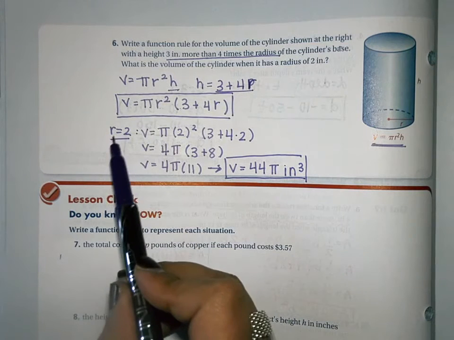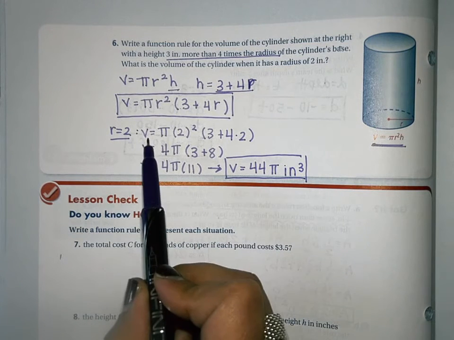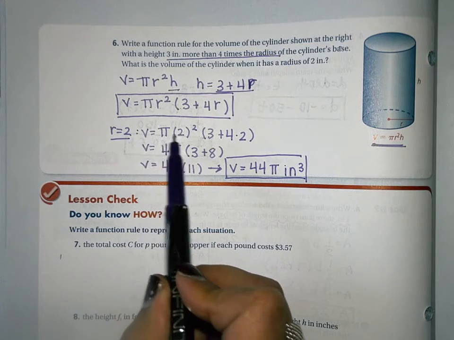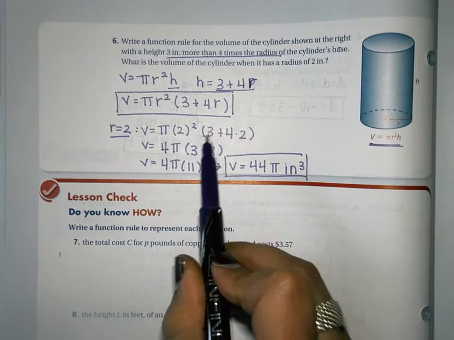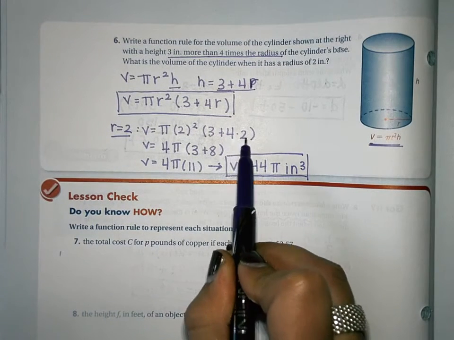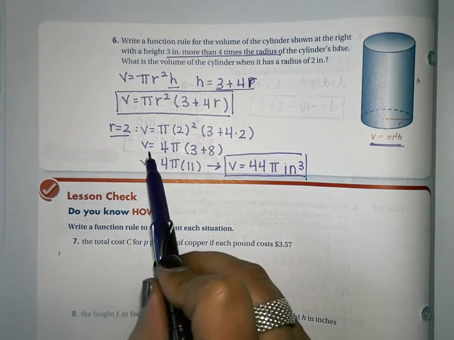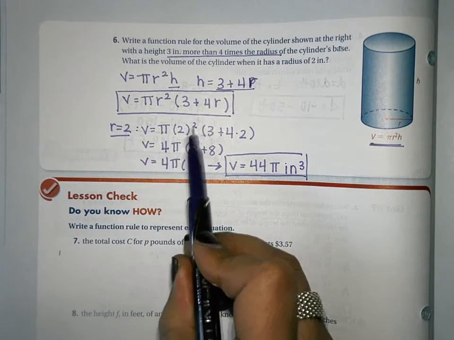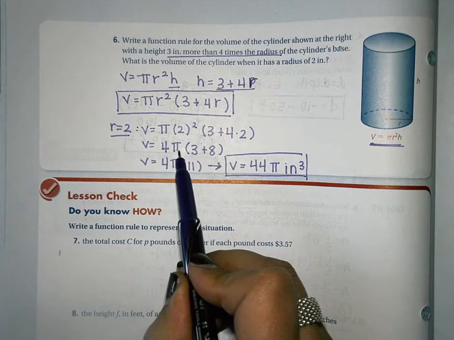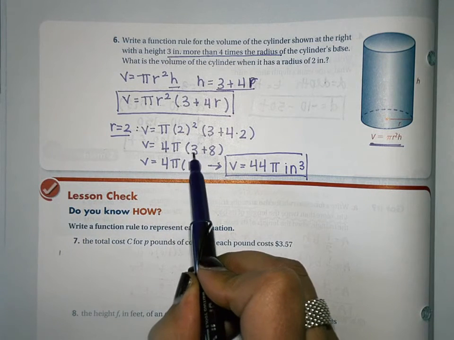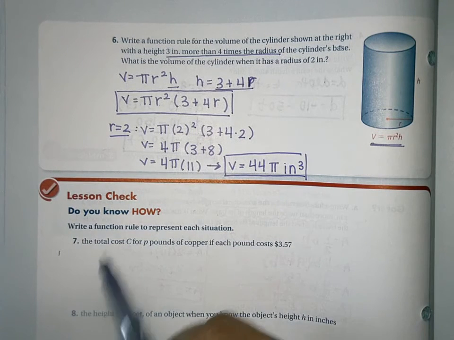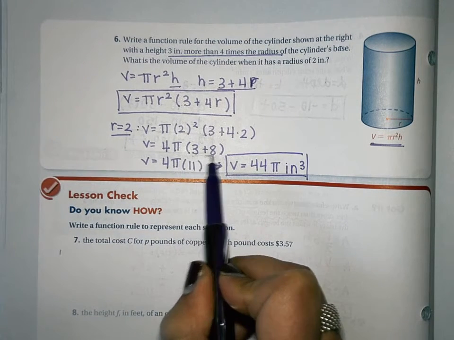So then all I did was I plugged in 2 for r. So that gave me v equals pi times 2 squared times 3 plus 4 times 2. 2 squared is 4, so 4 pi times 3 plus 8. And order of operations says we do the 3 plus 8 first.